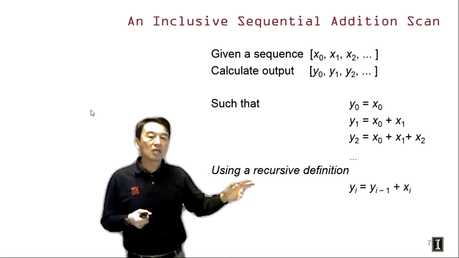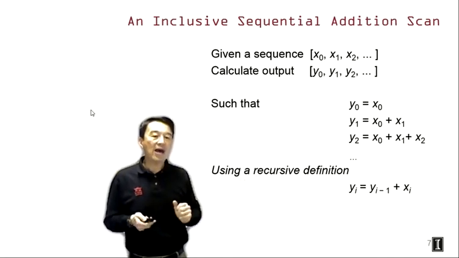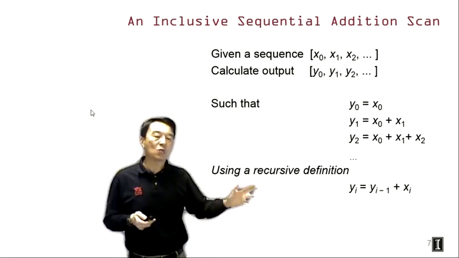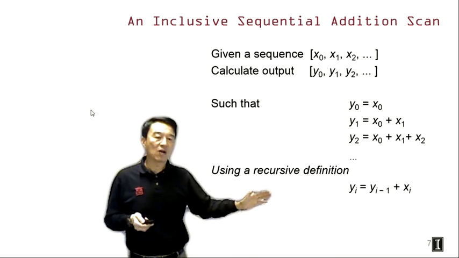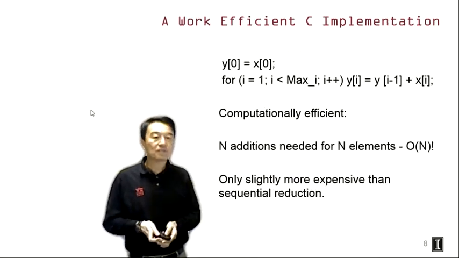We can easily use a recursive definition of yi equals yi-1 plus xi. This is a very common recursive definition of this sequence.